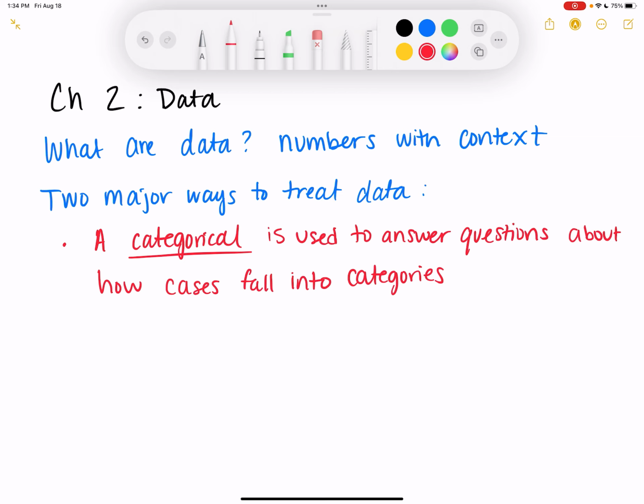So the statistical word that we're actually using is a categorical variable.